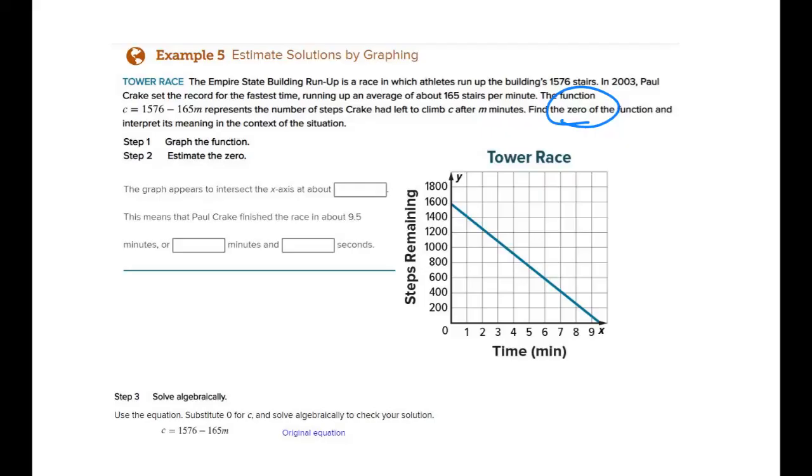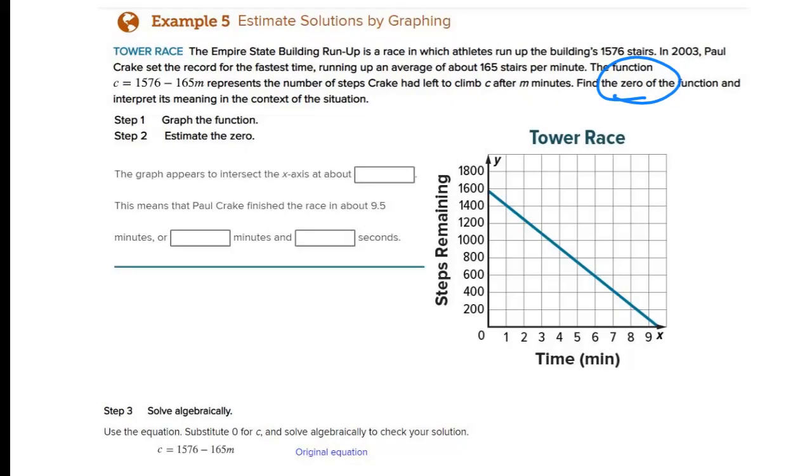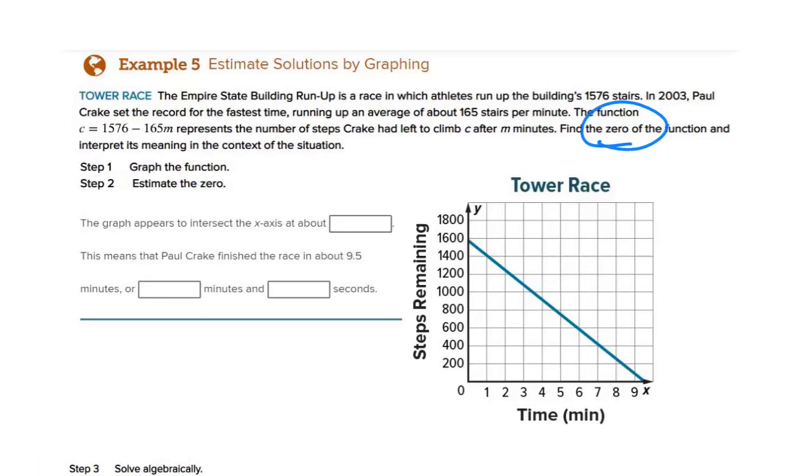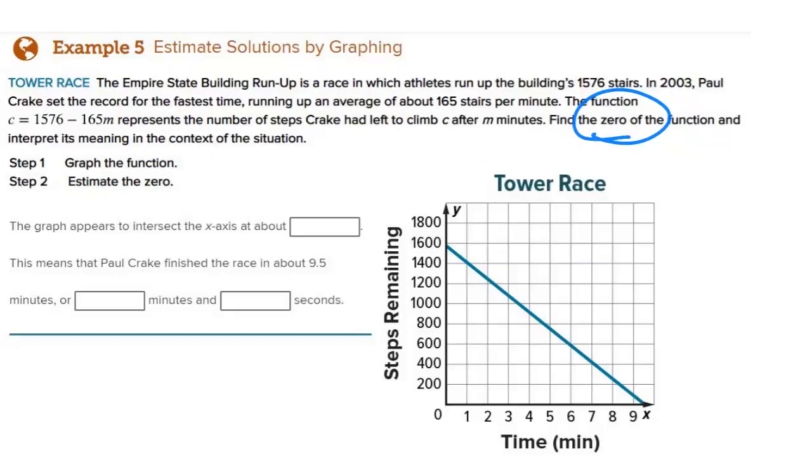So step 1, graph the function. We've already graphed it for you, or actually the book did. Estimate the zero. Well, first of all, he has to go up 1,576 stairs. If I'm talking about the y-intercept, where would I find it, and what would it be in this graph?